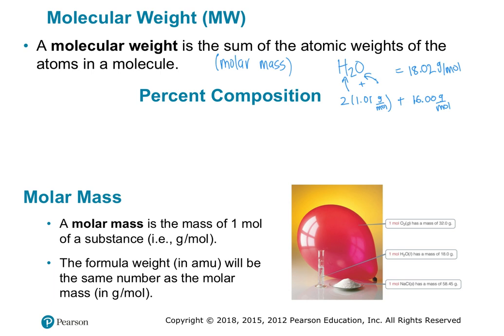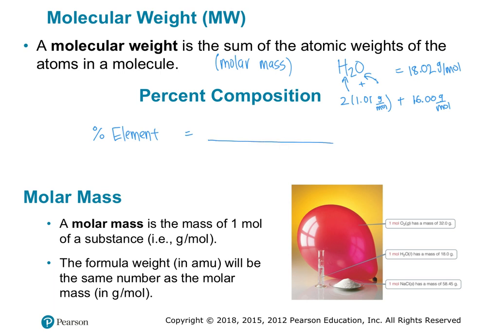To find out the percent composition, this is basically how much of a compound is made up of a given element. So percent of the element, just like if I wanted to know what percent of the class lives in Salt Lake City versus somewhere else, I would add up all of the students who live in Salt Lake City, divide by the total number of students, and multiply by 100. I'm going to do the same thing here.